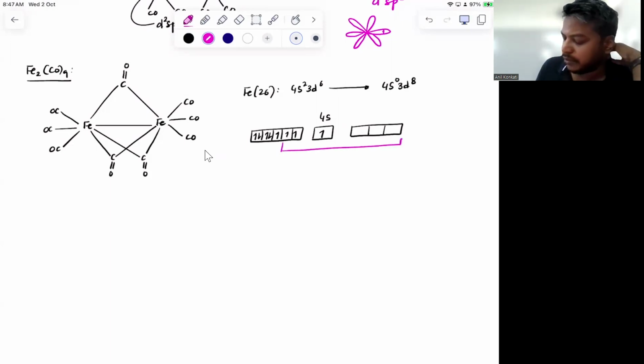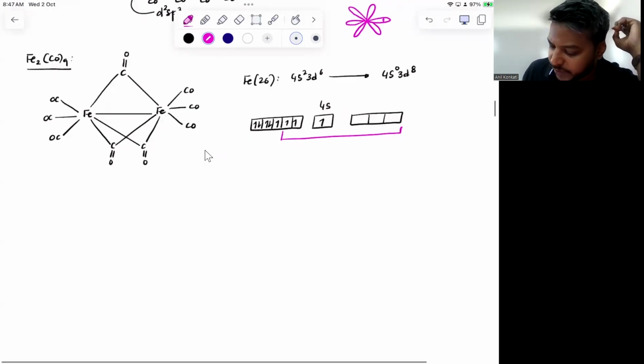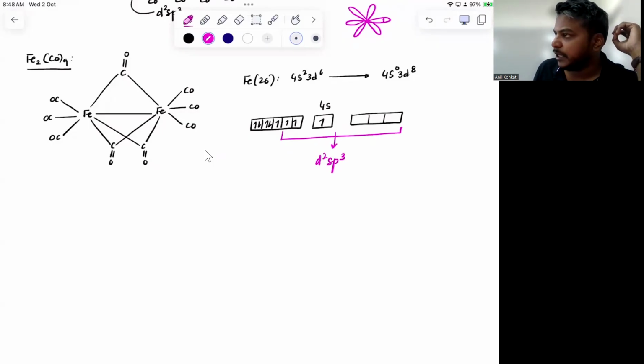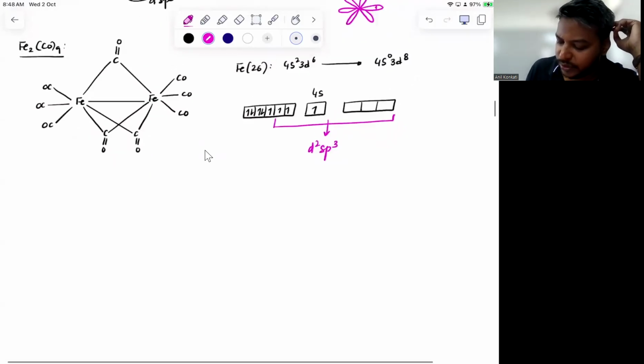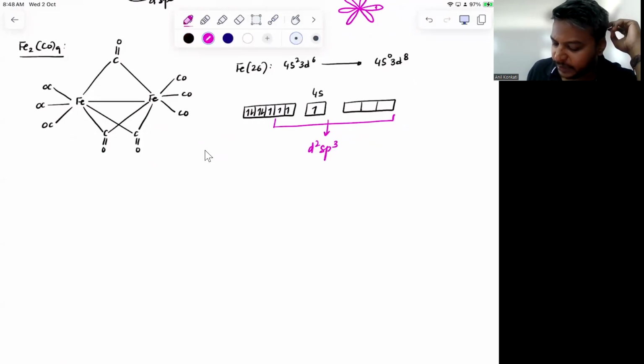Okay, mix all of them. Got it? Everybody? So, on mixing it, what do I get? I'll get d2sp3. In that d2sp3, there are orbitals forming this way.